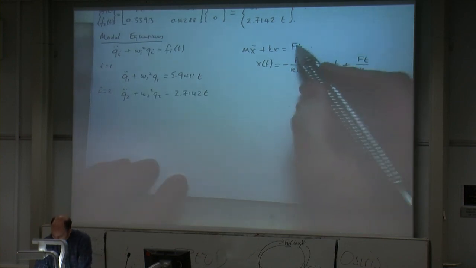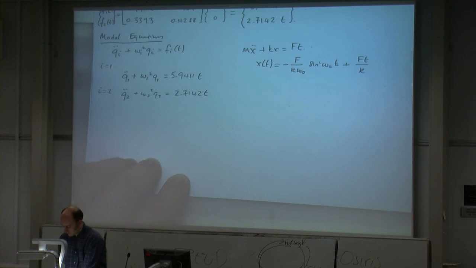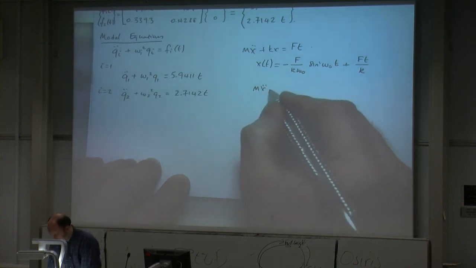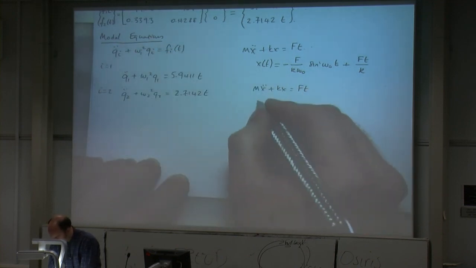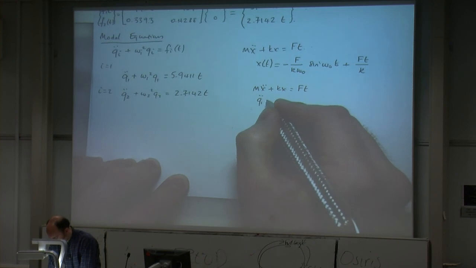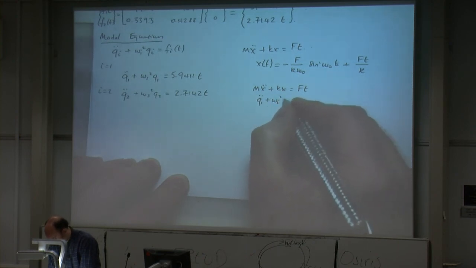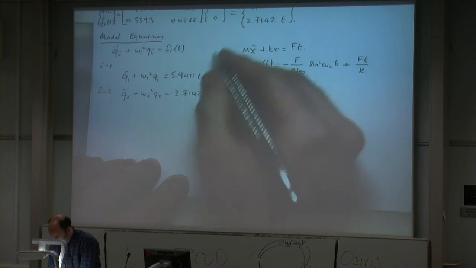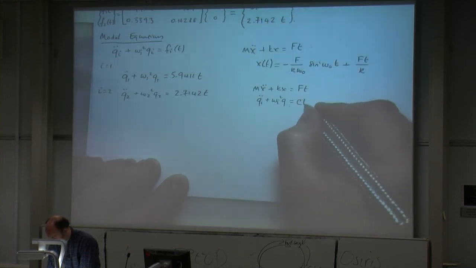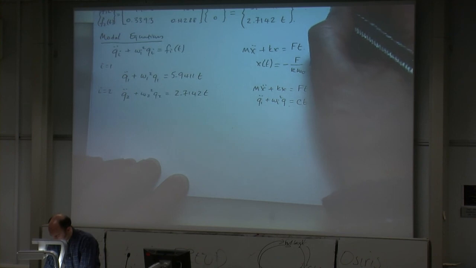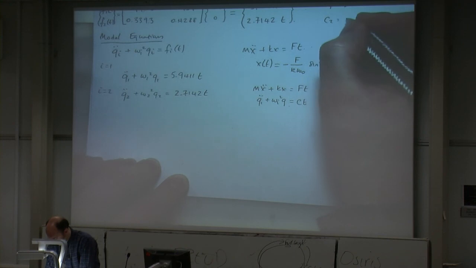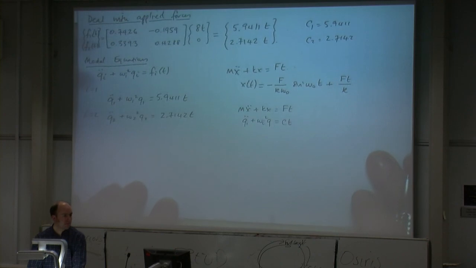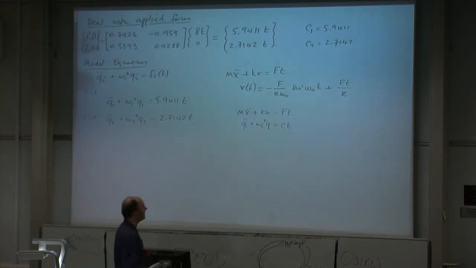What you need to do is match this equation up with this one. So we write m x double dot plus k x equals f(t), and here we've got q_i double dot plus omega_i squared q equals, I'll call this c t, where c1 is 5.9411 and c2 is 2.7142. And we can match them up.